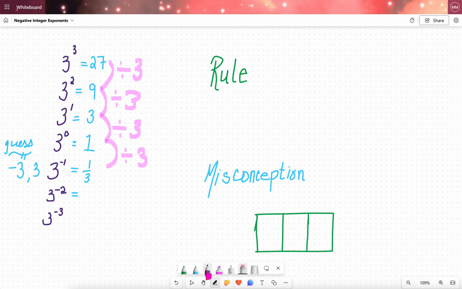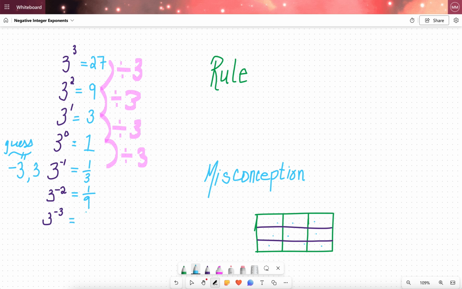Well, I need to divide that in 3 now. So let me divide each of those into 3. So what is 1/3 divided by 3? Oh, it's 1/9. We can see now that we've made 9 little pieces. So 1/3 divided by 3 is 1/9.